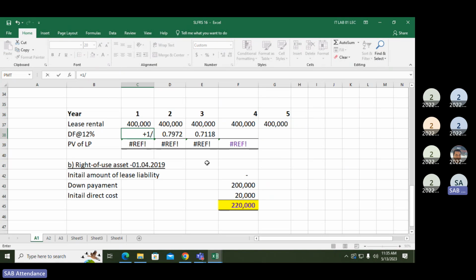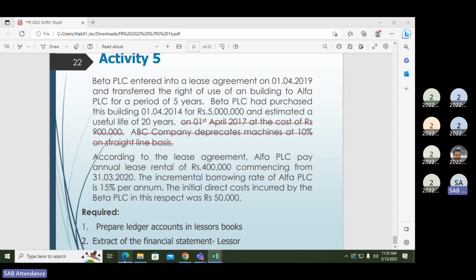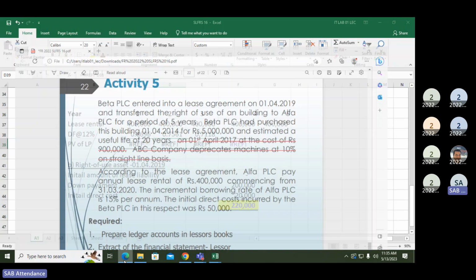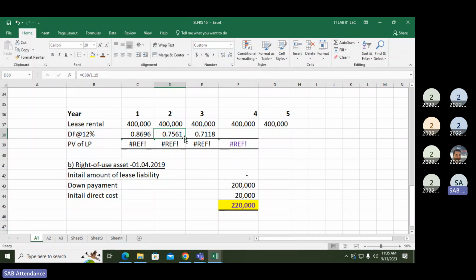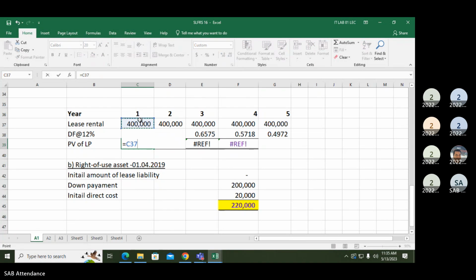So the interest rate is 15%, so 1.15. Worry about this: 1 divided by 1.15. So it's 15 interest rate. Then multiply this. This is the discounting factor at 15%.